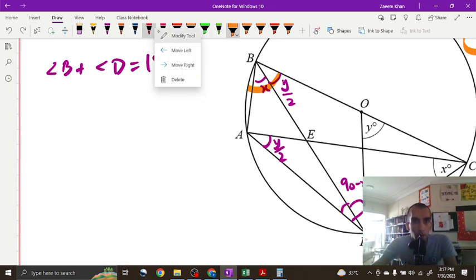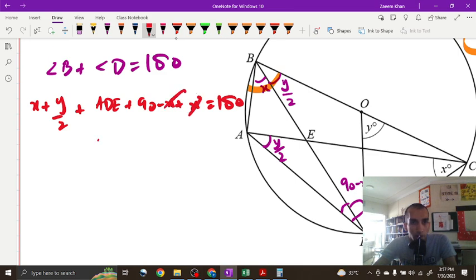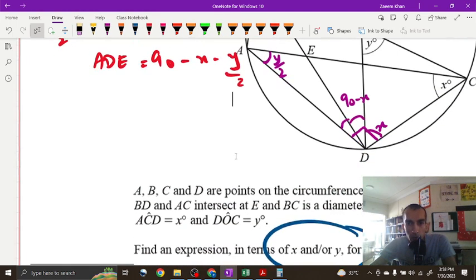So angle B is X plus Y over 2. And angle D is AD plus 90 minus X plus X is equal to 180. These get cut out. AD is equal to 90 minus X minus Y by 2. We're ending up with the same answer again.